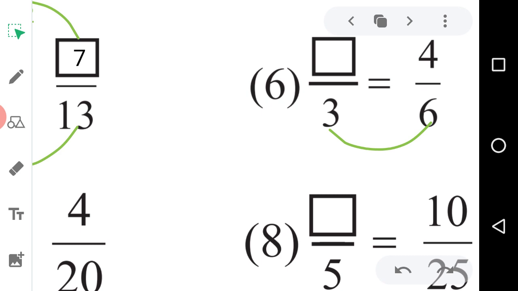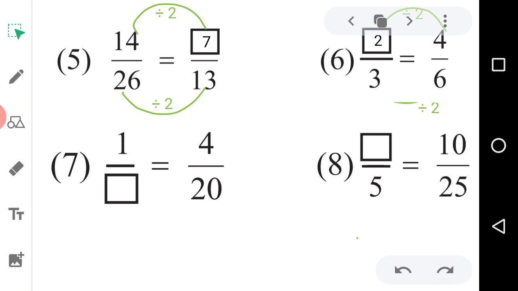If we divide 6 by 2, we get 3. So here we need to divide 4 by 2, and we get 2. So we get the fraction 2 upon 3.